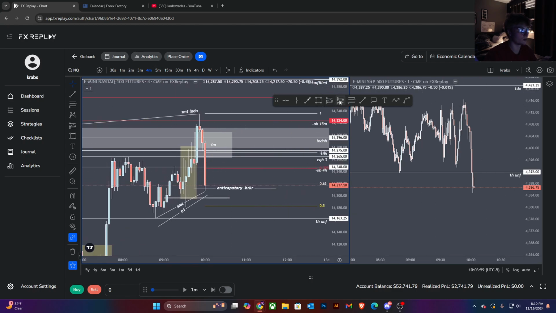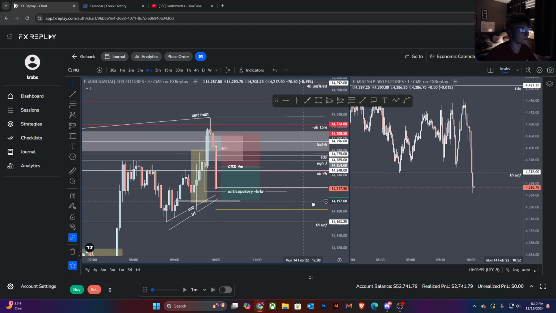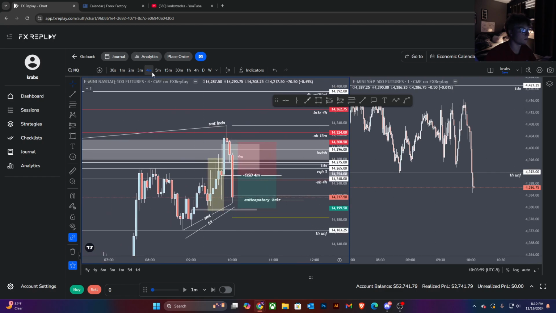So I think what we're gonna do, we're gonna set a limit here. Order block. Also CISD. Probably just getting off the CISD if we get the entry. But overall, this is based on a 4-minute inverse.